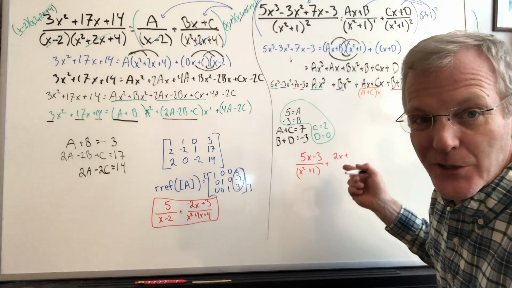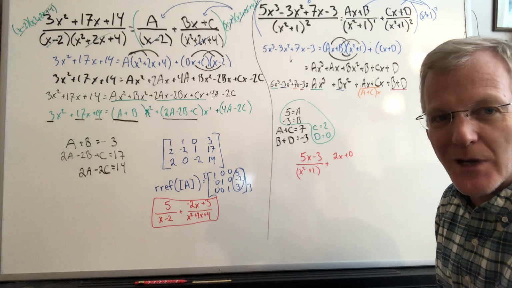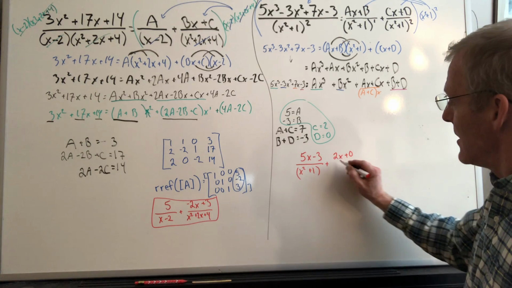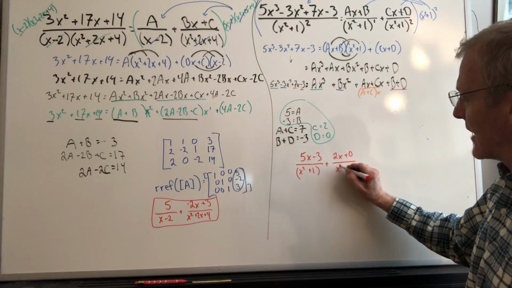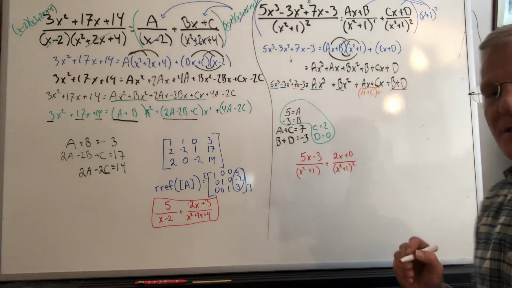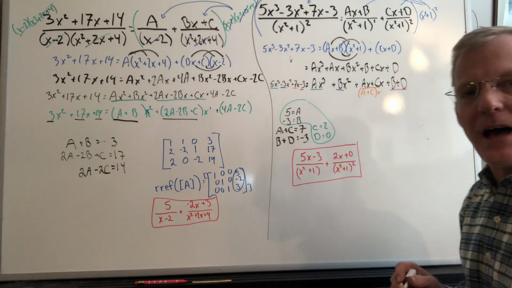So I don't really need to put that, do I? Let's put it so we see it. But really, we would just write 2x, wouldn't we? We don't need the 0 there. So over that denominator, x squared plus 1. Remember, this is the one that was twice. It was squared. So there's our final answer on that one.